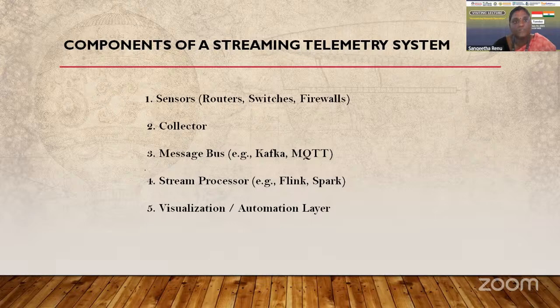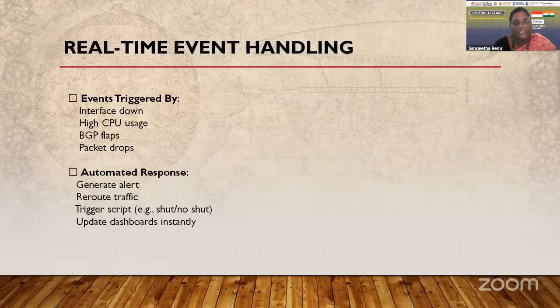Stream processor is mainly focused on processing and analyzing incoming telemetry in real time. Tasks include filtering noise and detecting anomalies. Real-time event handling: events triggered by interface down, high CPU usage, BGP flaps, packet drops.